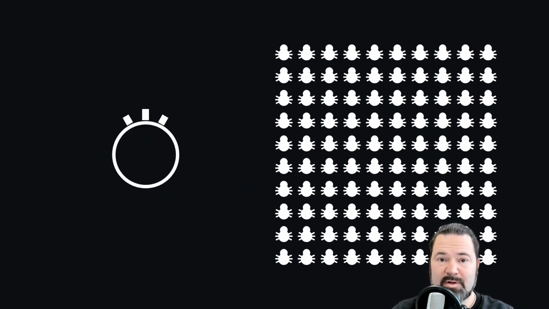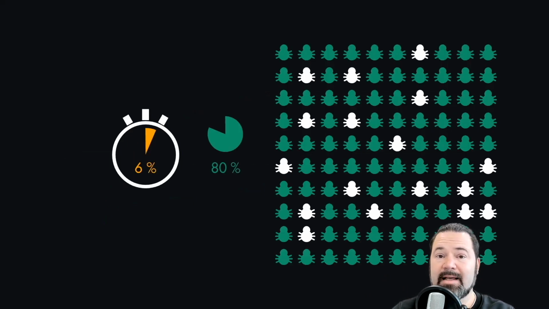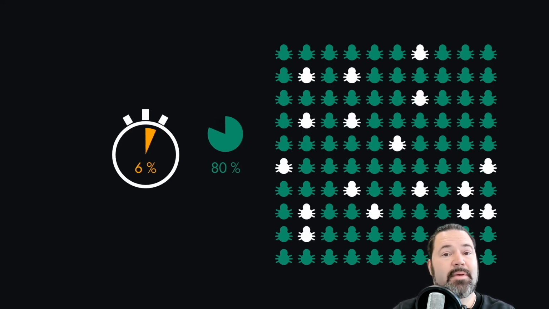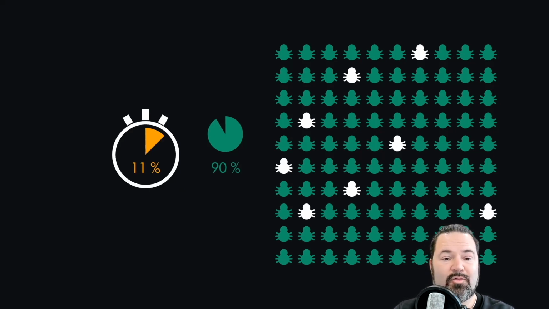And in our experiments, we found that it takes us 6% of the execution time on average to find 80% of the bugs, and 11% of the execution time to find 90% of the bugs. So if we compare that with test impact analysis, it's not as good. For test impact analysis, we had 1% of the time for 80% of the bugs and 2% of the time for 90% of the bugs. However, it's still a very significant speed up, and it requires much less effort.